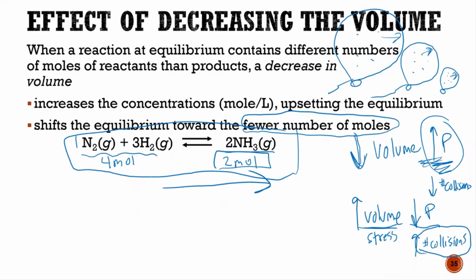So how would I do that? I would have to shift to the side where there are more moles of gas, because more moles of gas are going to increase the number of collisions and reestablish the initial pressure. So that's why some people find Le Chatelier's principle a little tricky.